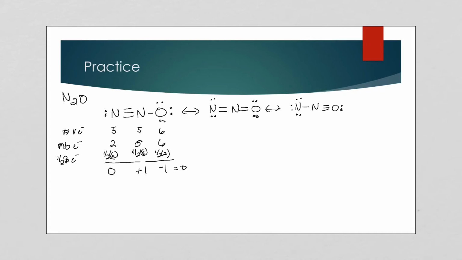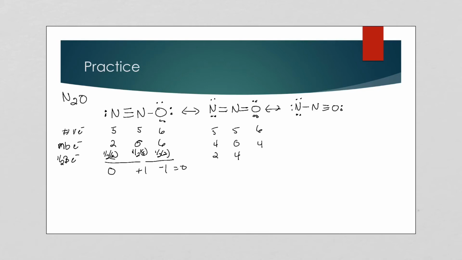So let's do the same with our other structures. And I'm just going to go through this. So we started with 5, 5, and 6. For non-bonding, we have 4, we have 0, and we have 4. For half of the bonding, we have 4 bonding electrons, so half of that's going to be 2. We have 8 bonding electrons, so half of that's going to be 4.